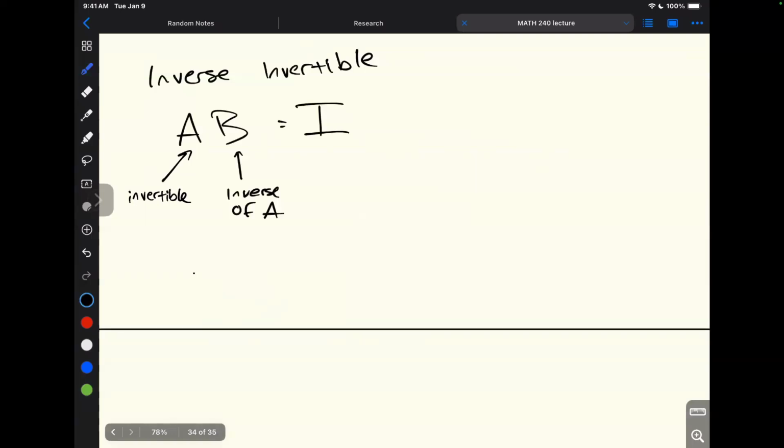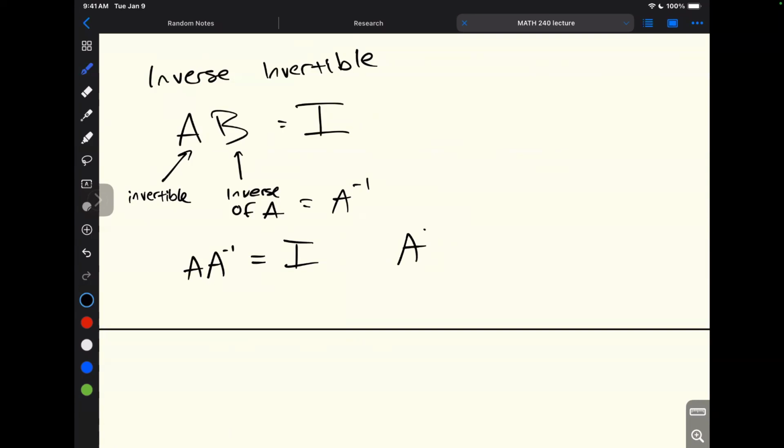Some things the book says that the reader should verify, and then I will also leave to the reader. So we write the inverse of A, we also call it A to the -1. That's how we denote that. A times its inverse is the identity, which is what this statement says.